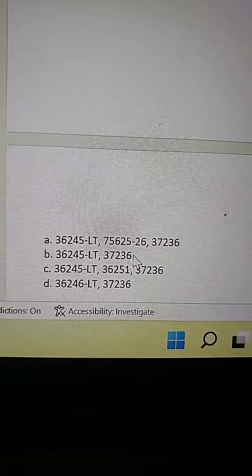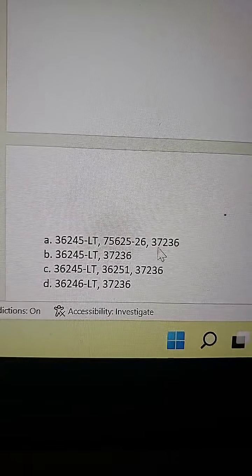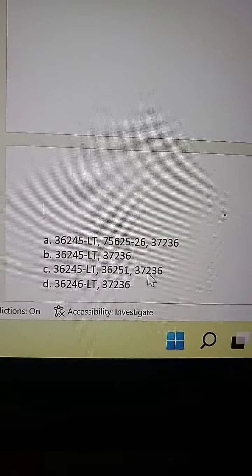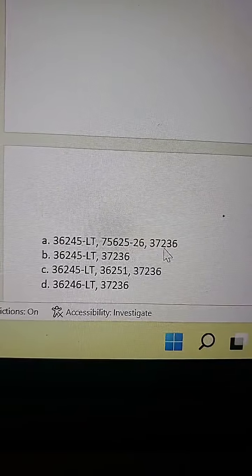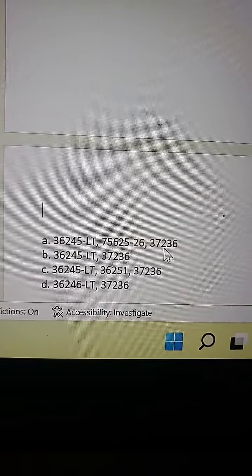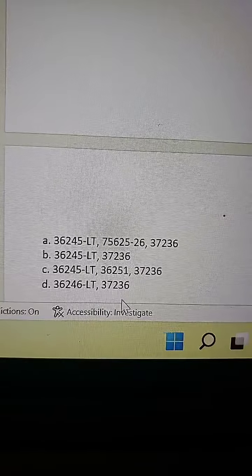What's going on with our 36, since it's down there in all of the options? 36, 37, 2.